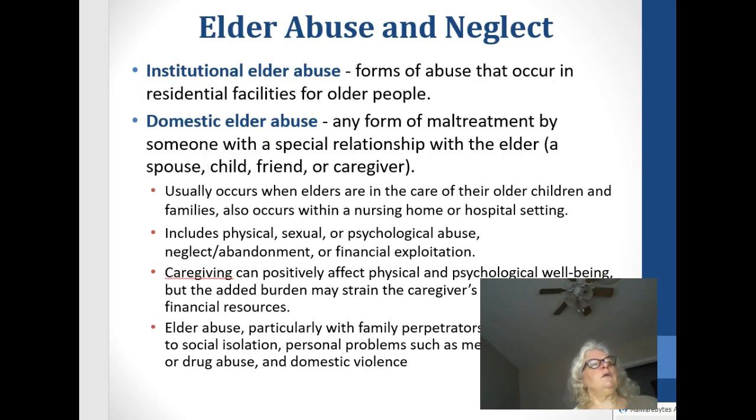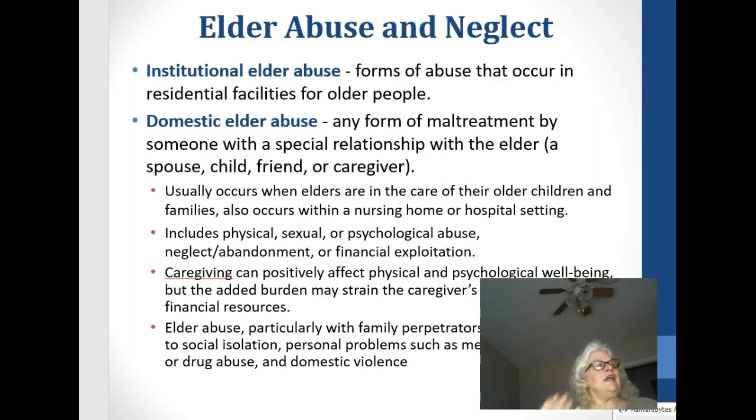Other abuse in the home includes elder abuse. And there's institutional elder abuse that occurs in nursing homes where people are not well cared for, or in group homes or board and care homes that don't feed their patients. But more abuse of the elderly occurs within their family setting. And so we see this domestic elder abuse. That's the maltreatment by someone with that special relationship to the elderly.